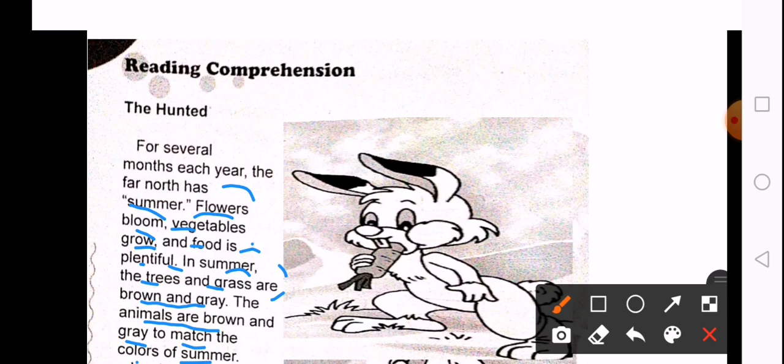Why do you think that the surrounding and the animals have the same color? What do you think? In order to protect themselves from the enemies or the hunter that would like to kill them. Okay.